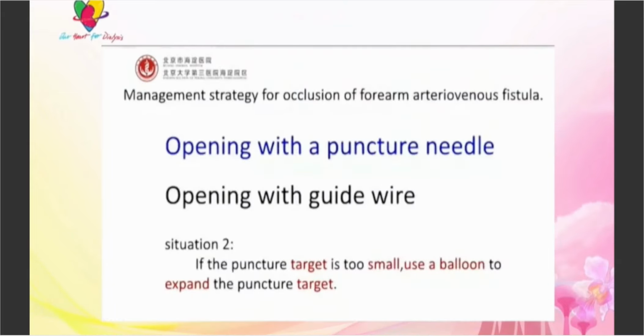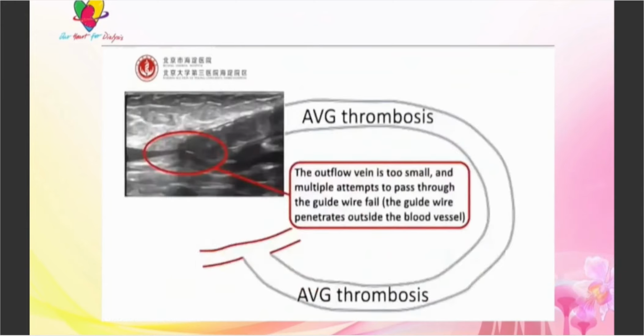What is shown below is the second situation. If the puncture target is too small, use a balloon to expand the puncture target. Let's look at this AVG venous outflow occlusion. The outflow vein is too small for us to puncture.